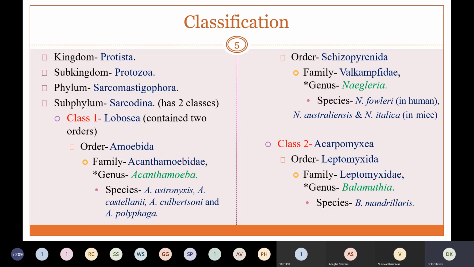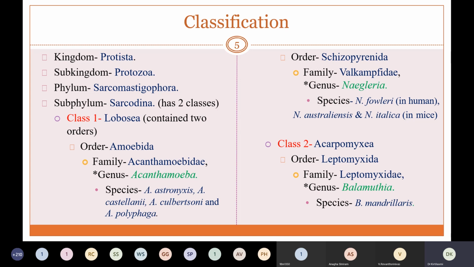Class 1 is Lobosea, which contains two orders. Then there is class 2, Acarpomyxia. Under class 1 Lobosea, you have order Amoebida, and in this the family Acanthamoebidae. The genus is Acanthamoeba, which you have to remember. There are different species: Acanthamoeba castellanii, culbertsoni and polyphaga.